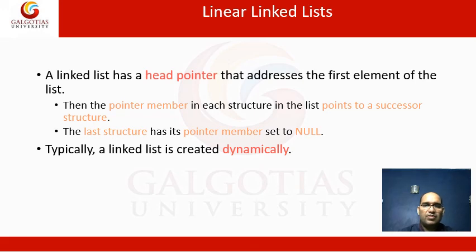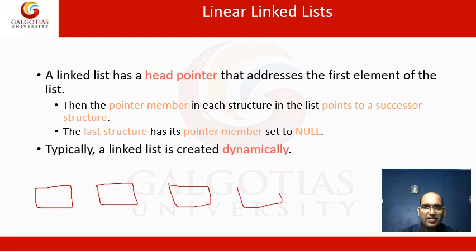What we want to tell you here is what a linked list is. This kind of structure is called a linked list: you have one structure, another structure, and one more structure, and all these structures are of the same type. This one contains the address of the next one, and so on, and the last one contains null.